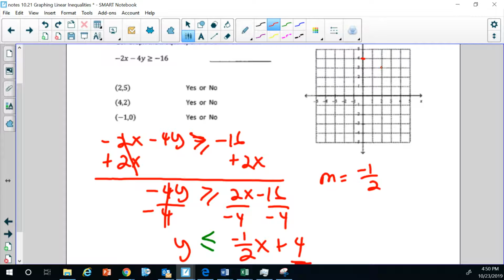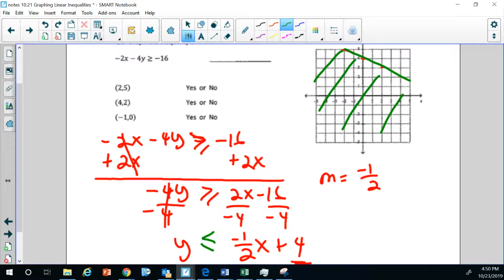Because it's a less than or equal to, I'm going to have a solid line, going through the points. And because it's less than, my solution set is everything below this line.